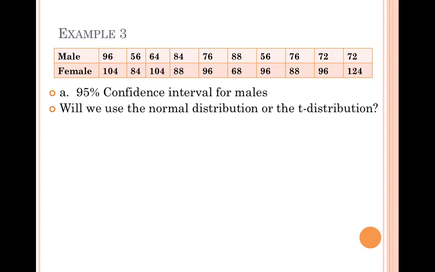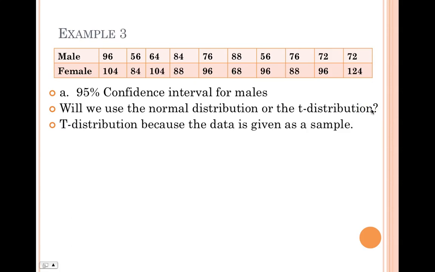In this problem, you don't have either, but you do have the ability to get the sample standard deviation, because this is sample data. And we have at our disposal calculator tools to help us arrive at sample standard deviations if we have sample data. So for that reason, it's definitely not the normal distribution. We're going to use the t-distribution for this problem.